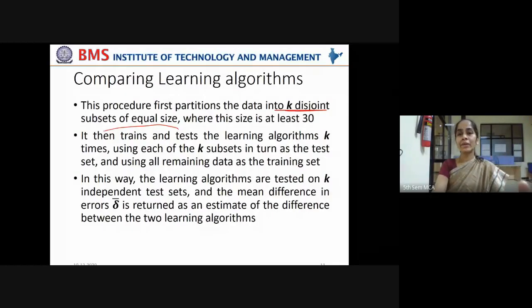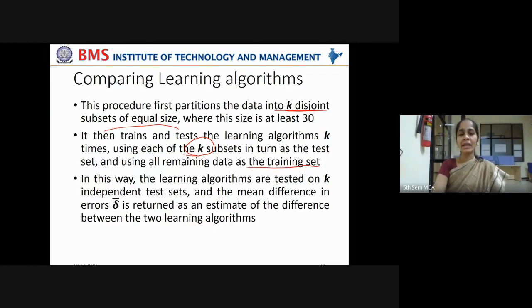Ensure that the sample size will not go below 30. Now it trains and tests the learning algorithms k times. It is testing on the first partition, second partition, third partition, k times. It tests k times using each of the k subsets in turn as the test set and using all remaining data as the training set. That is what we discussed.